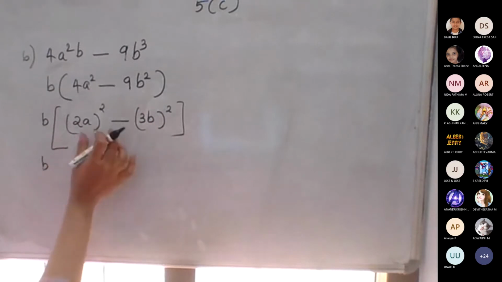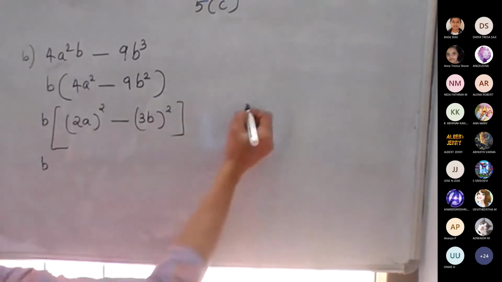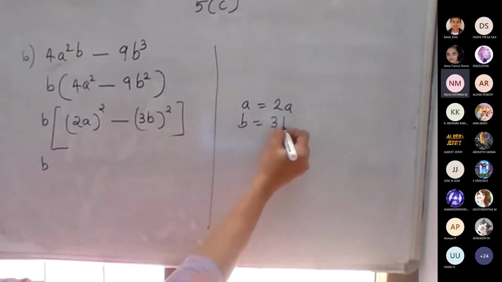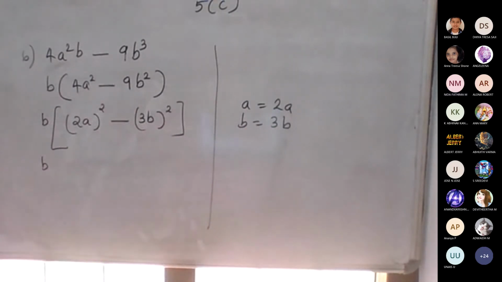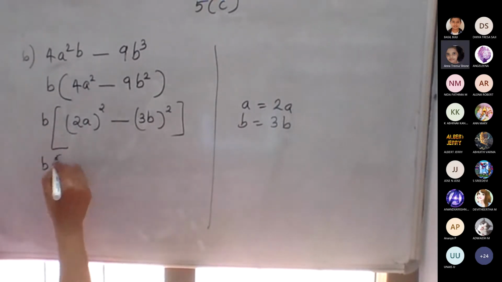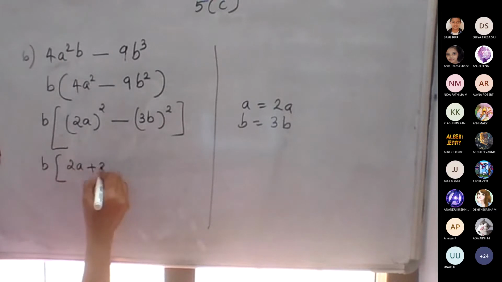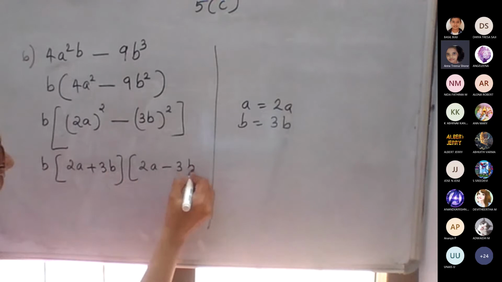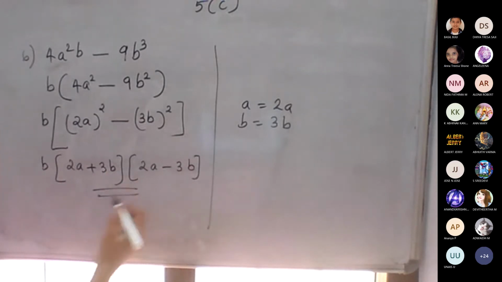This is in the form of a plus b into a minus b, where a stands for 2a and b stands for 3b. So b times 2a plus 3b into 2a minus 3b.